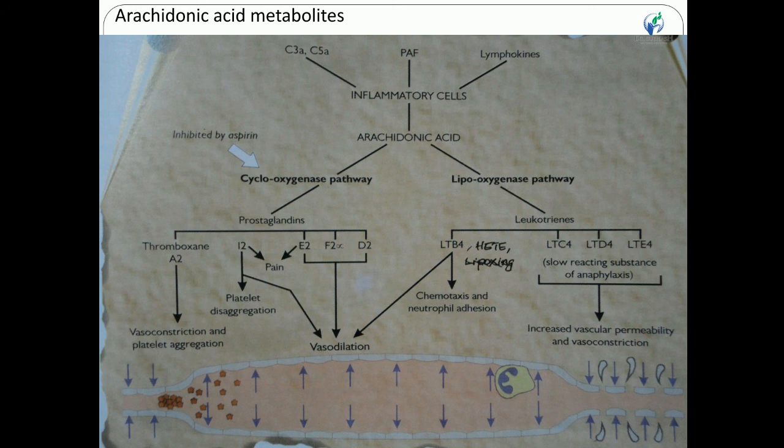While considering thromboxane A2 and its effects, it produces vasoconstriction and platelet aggregation. See here at the lower side an artery is shown; it may be a part of an artery, arteriole, vein, venule or capillary. We just need to understand the effects. In the case of released thromboxane A2, it causes vasoconstriction of the artery.